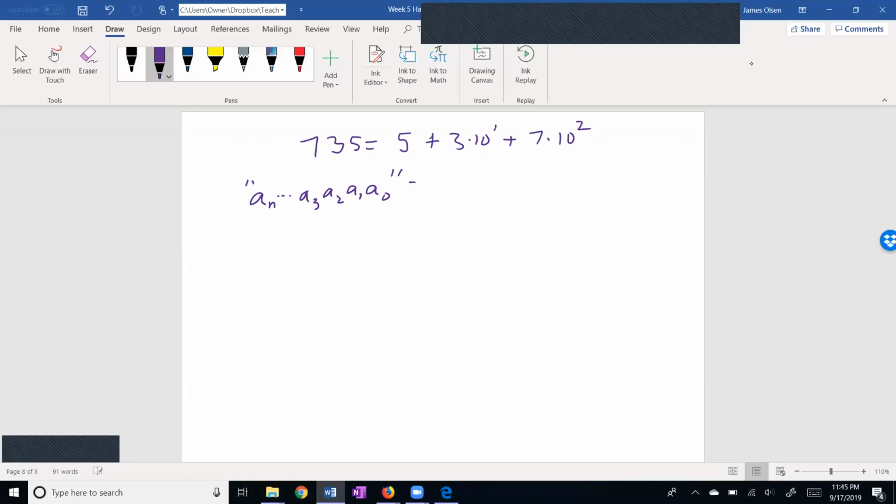And if we put this in expanded notation, we have A0, that would be times 10 to the 0, but I don't think I'll write that, plus A1 times 10 to the first, plus A2 times 10 to the second, plus A3 times 10 to the third, which is optional. You can put that in there. I think I've established my pattern, plus and so on, up through an times 10 to the nth power.